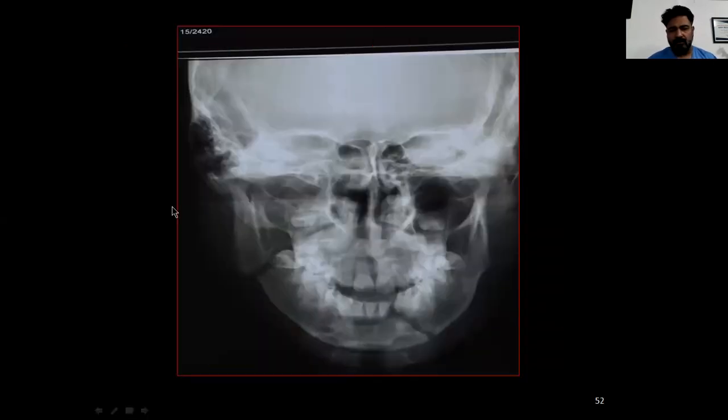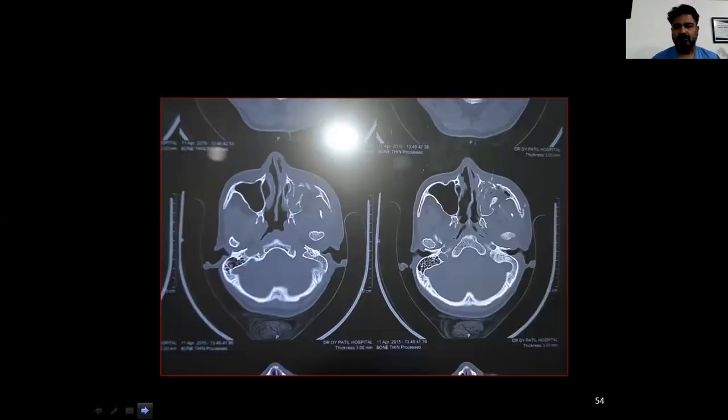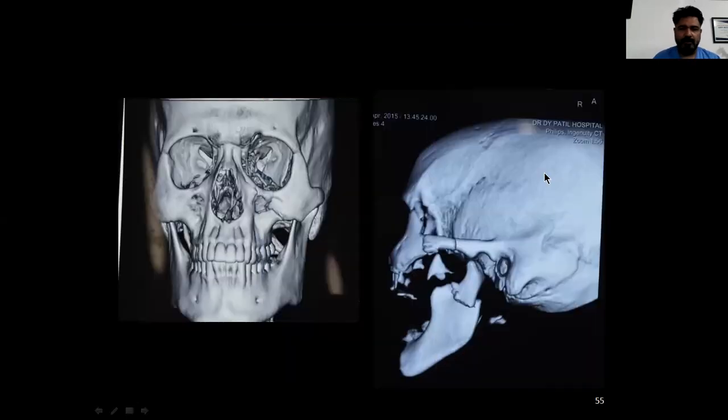Again, reverse Towne. AP scans. Okay, in scans you can very well appreciate the hematoma in the sinus also. This is a zygomatic fracture, maxillary wall fracture, like that. And this is 3D reconstruction. As you can see, the overriding of the condyle here and a coronoid fracture. Both are fractures. Okay.